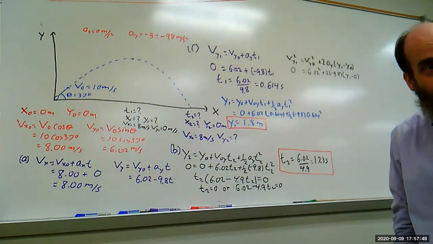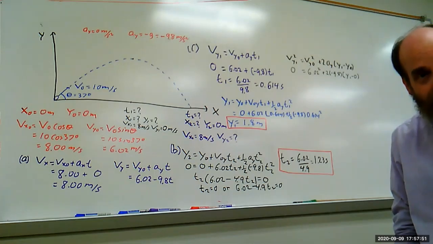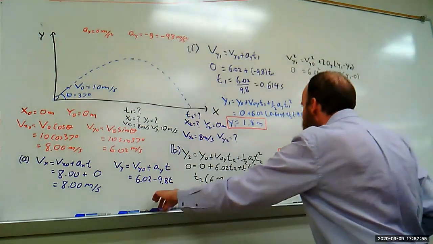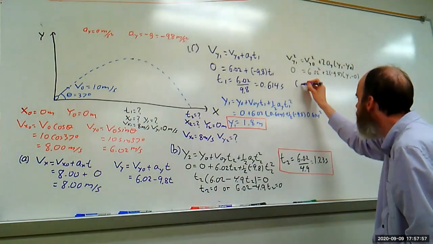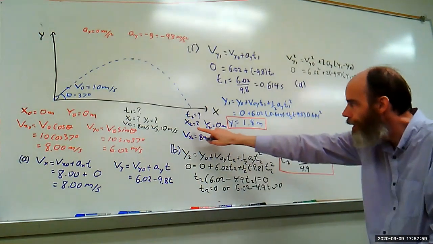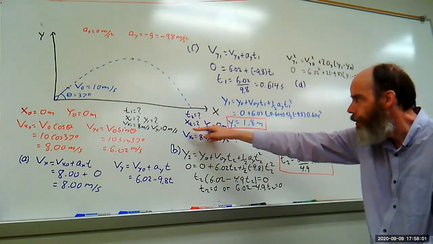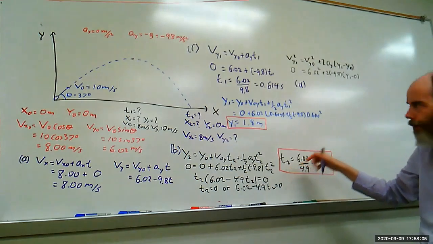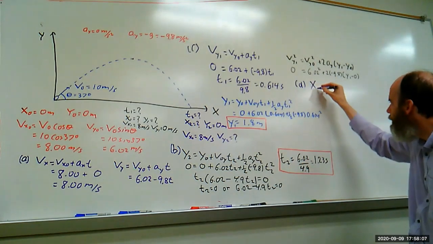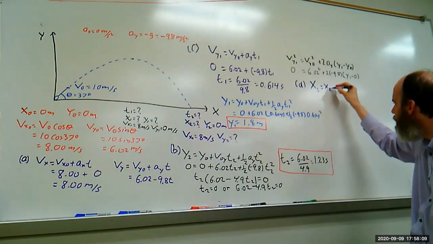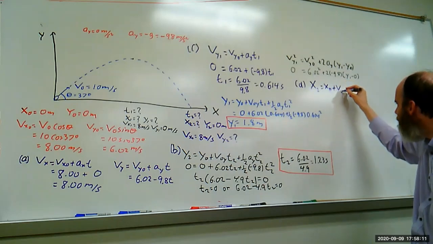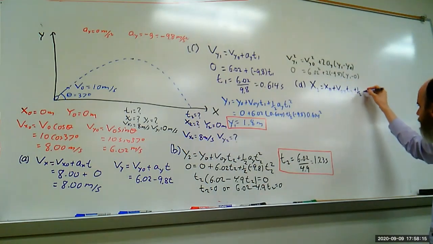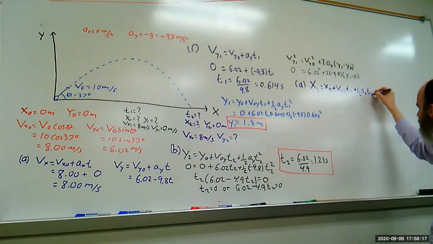Part D says, how far downrange did it land? We're looking for x2. Well, we already know t2. So let's write down that x equation. x2 equals x0 plus v0x t2 plus 1/2 ax t2 squared.